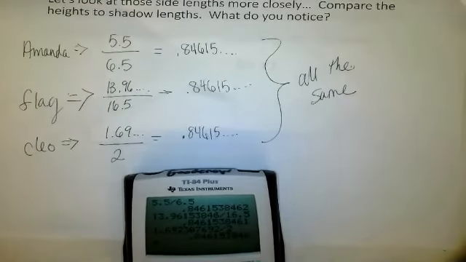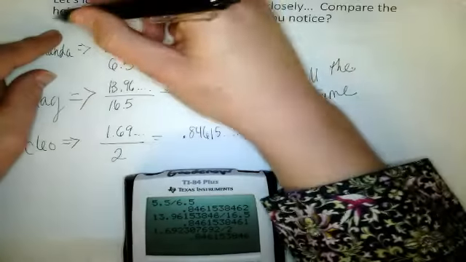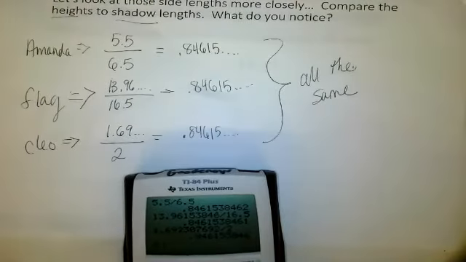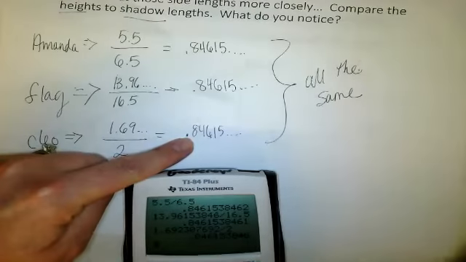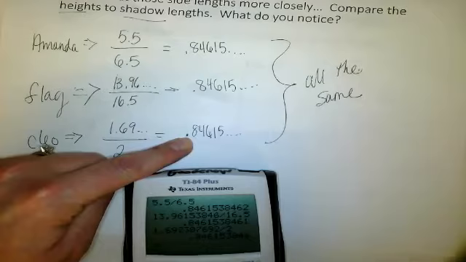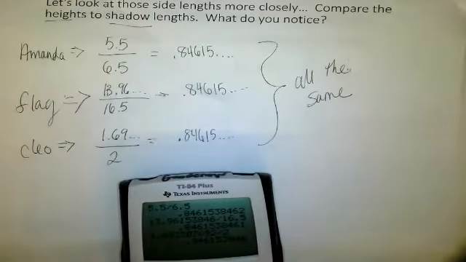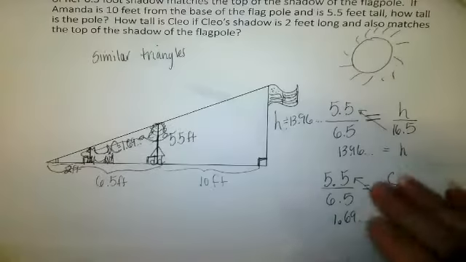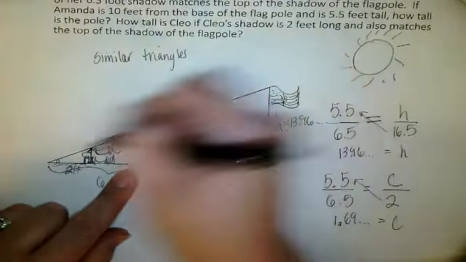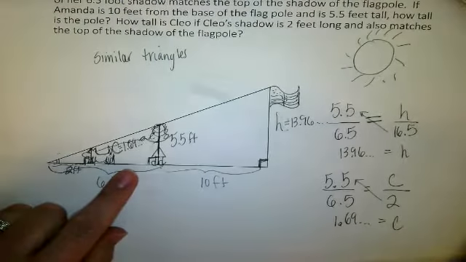Somebody many years ago realized that when we have similar triangles, if you compare the height to the shadow length for any size triangle, that ratio is the same every single time. Not only is it the same for height to shadow lengths, but it would also be true for height to hypotenuse ratios.